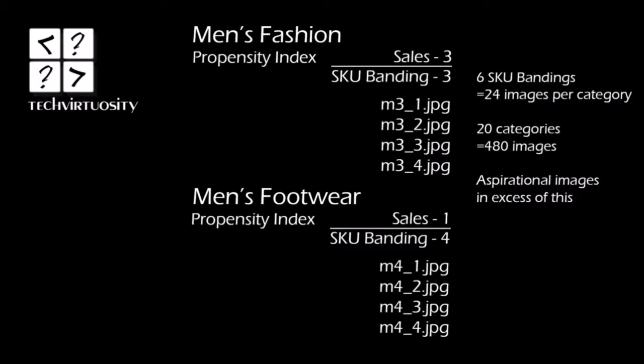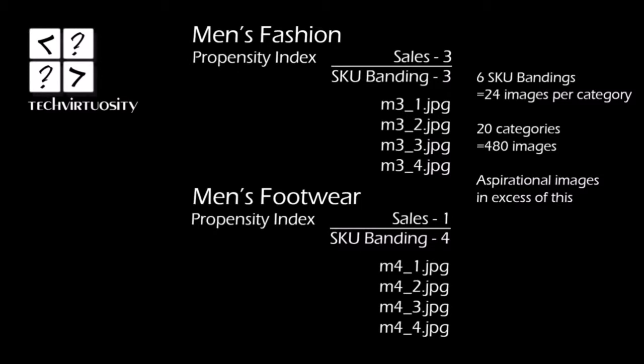That's for the whole 20 categories, so 480 images will be needed for PHP to be able to take your propensity index and dynamically select which images should be displayed in your Ezine. The 4 aspirational images are in excess of this. They're on top of the 480 images that you would need just for general category product shots and links.